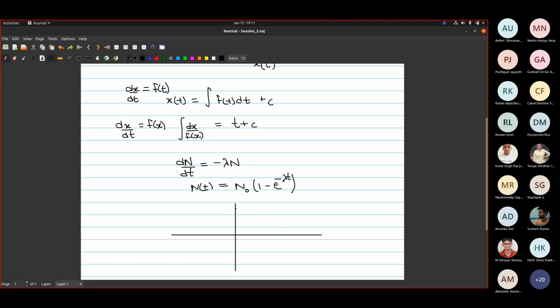Yes, this function goes something like this. This is our time, this is our number of particles N, and this value is N naught. So this function decays exponentially. That is the nature of radioactive decay.